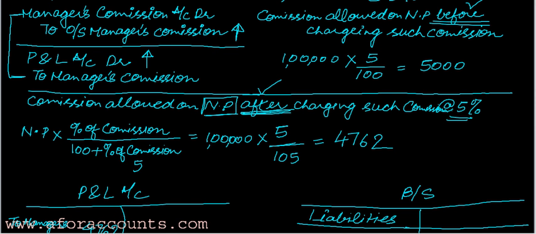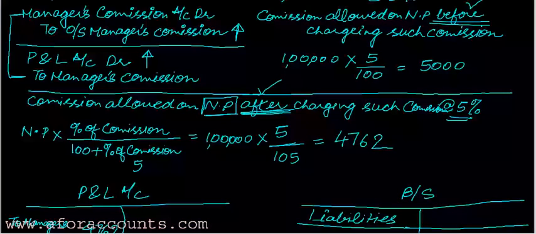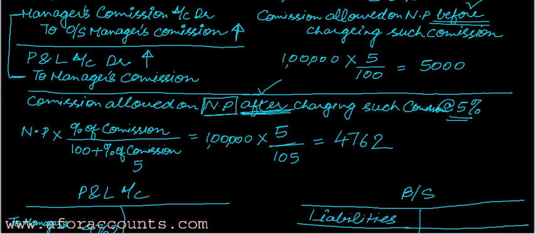If it is before charging such commission, it is plain vanilla: just put the percentage, find the commission and subtract it. But if it is after charging such commission, then you have to be cautious. First do percentage of commission upon 100 plus percentage of commission, and with that amount subtract from the net profit, which will not be the case when it is before charging such commission.